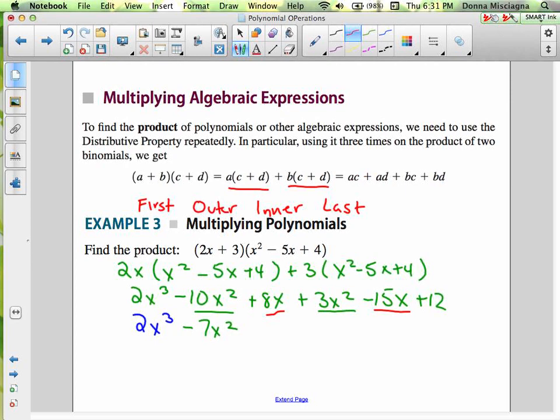So 8x plus negative 15x would be a negative 7x. And then we have one constant term, plus 12. And there we go. That's all there is to multiplication. Just make sure you've multiplied the second polynomial by every term in the first polynomial.